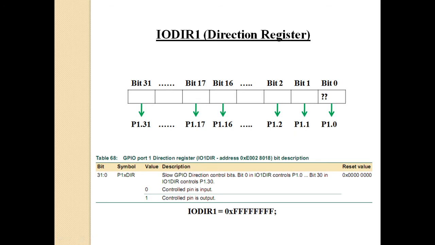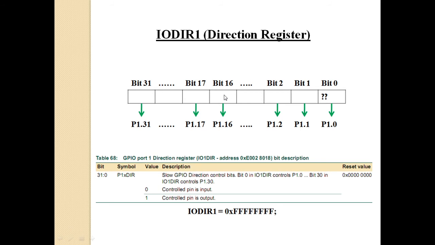In my case, I am using 16 LEDs connected to P1.16 to 31. So all the bits from P1.16 to 31 should be written with what value? 1. So 1, 1, 1, 1, 1. Each bit should be written with 1.